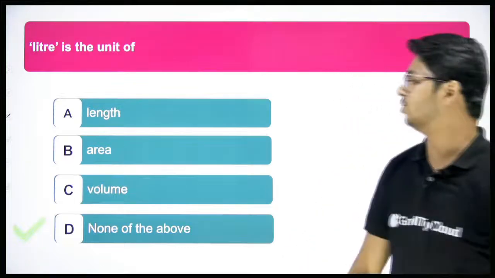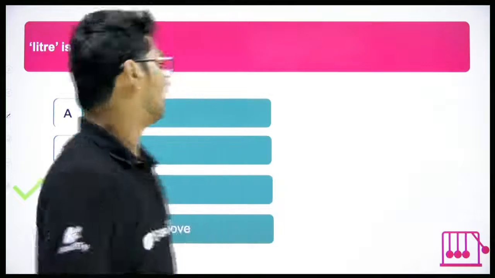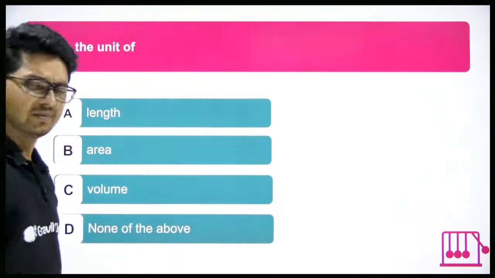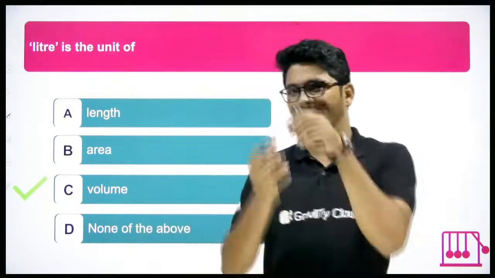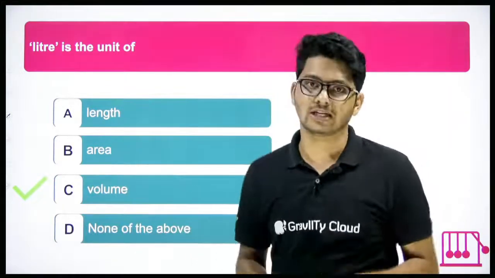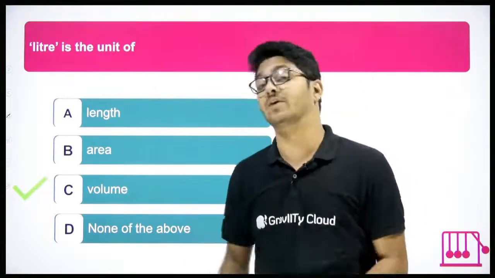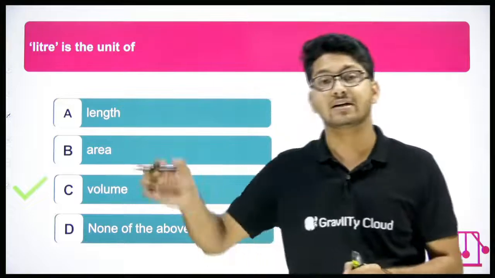Liter is the unit of volume, option C. 1 liter of water. You buy water bottles from shops, mineral water bottles. They'll be of 1 liter, 2 liters, 1.5 liters, 20 liters water can. Liter refers to volume. Okay?